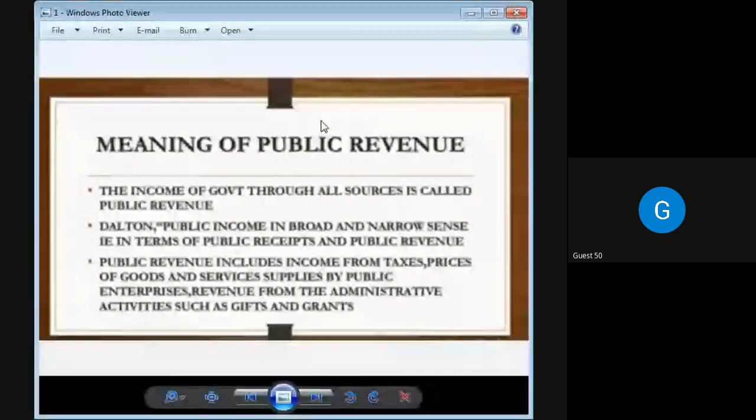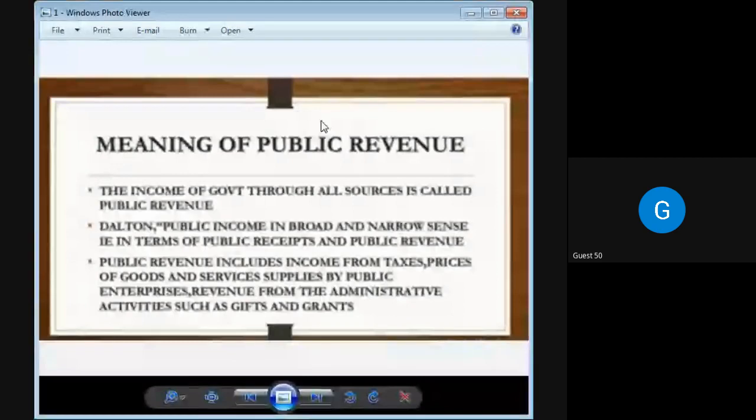Whatever income comes through taxes is one of the sources of public revenue. Second is prices of goods. Prices of goods means those goods which are sold by the government. So the earning the government makes from selling goods and services is another source of public revenue.